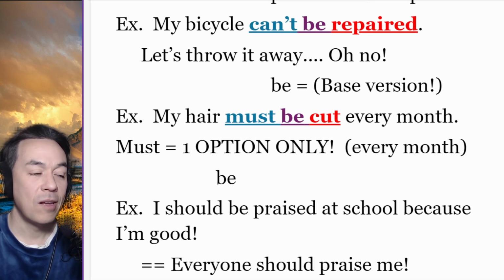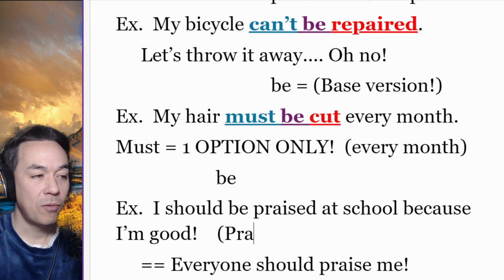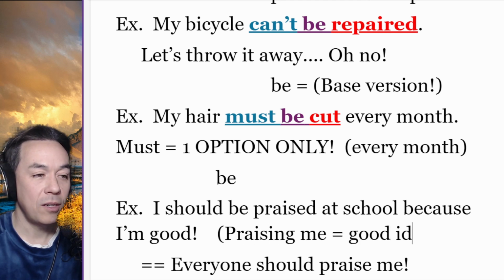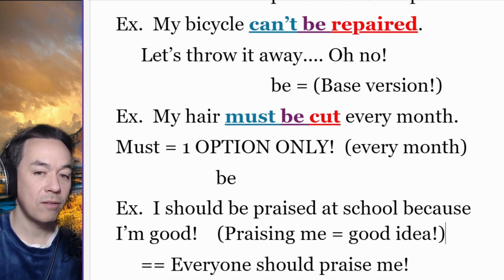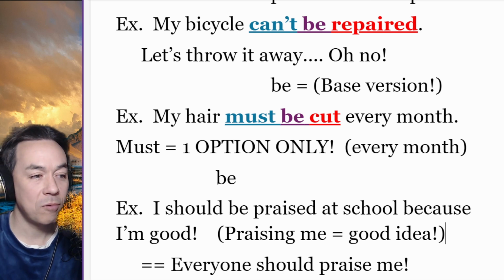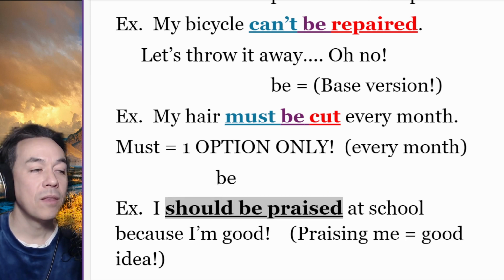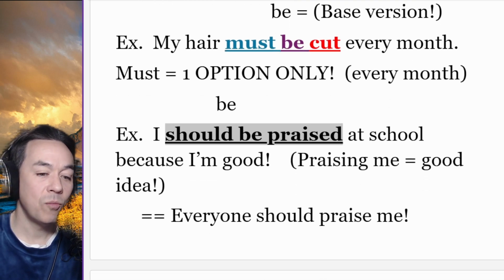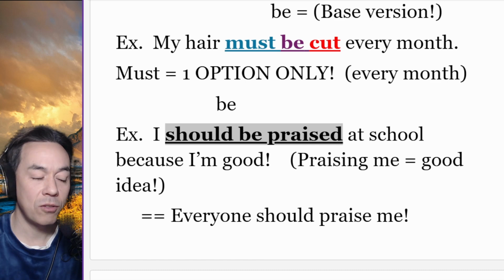So that's what it's saying. It means praising me equals a good idea. That's good advice. Right? That's what this should means. All right. So we're really designing and creating some interesting ideas. And yeah, just go slowly.